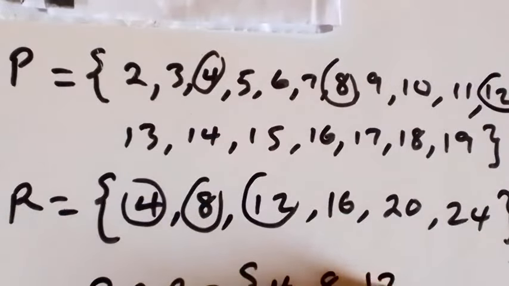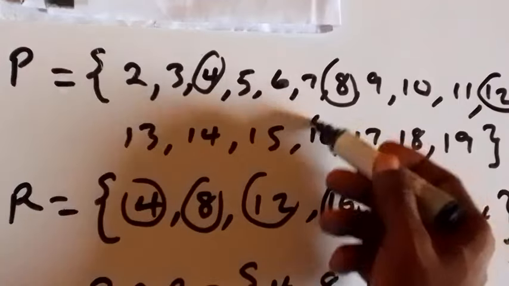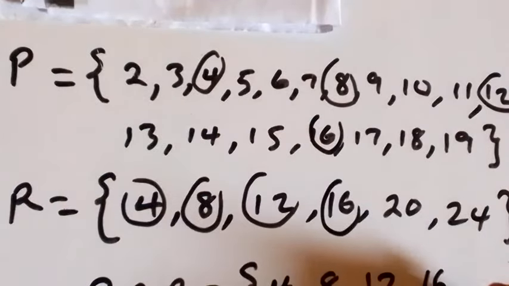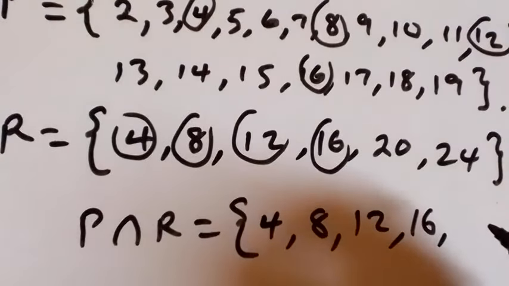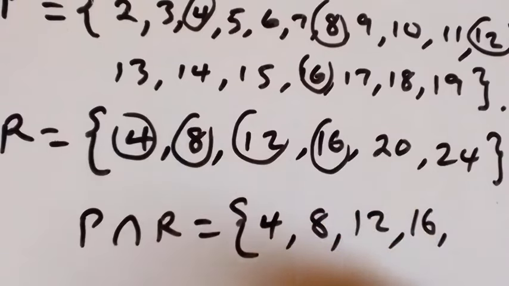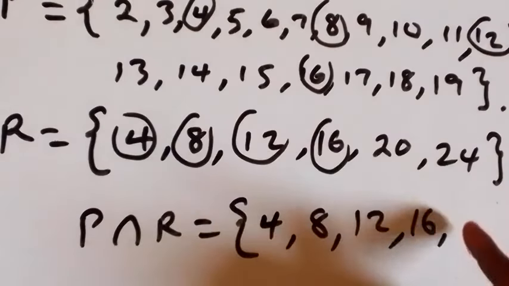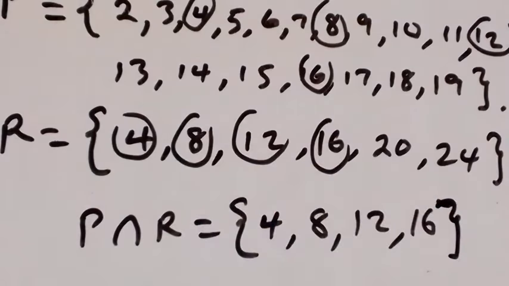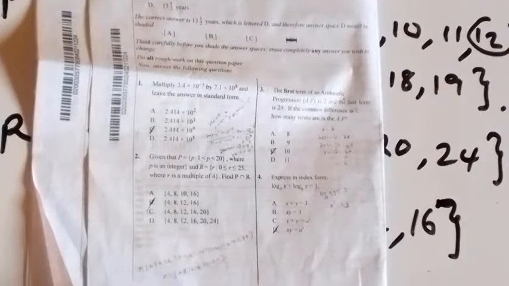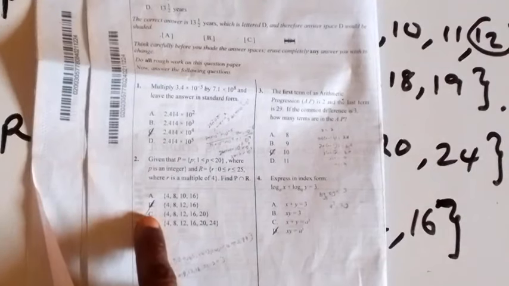Then 16 common. So that's, I think that's all. So we have 4, 8, 12, and 16. So that's P intersection R. And when we look at the correct option from here, we discover that the correct option here is option B.